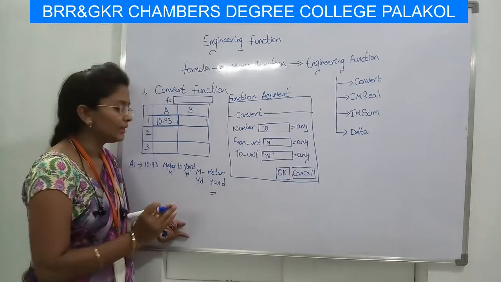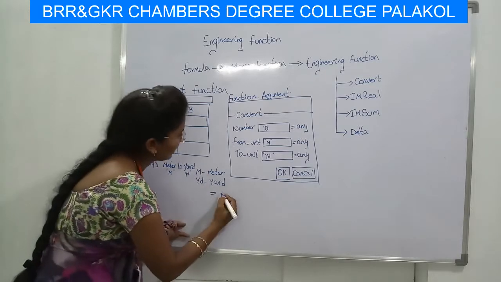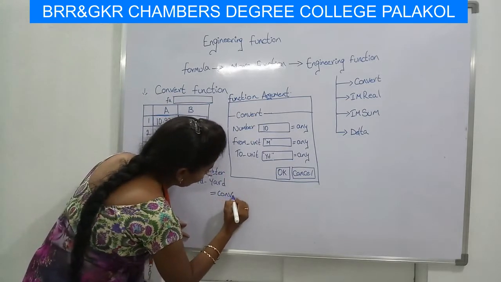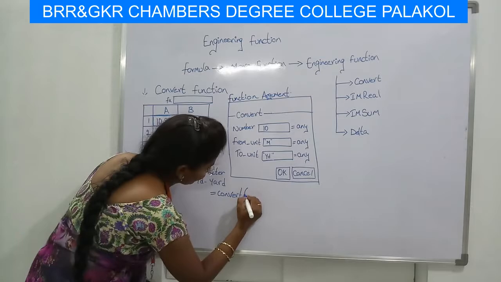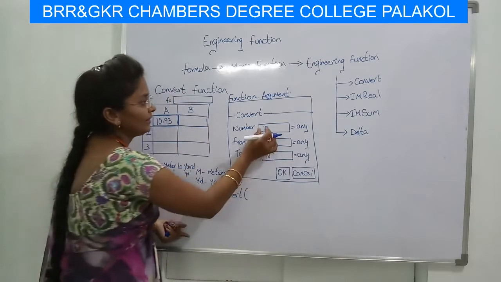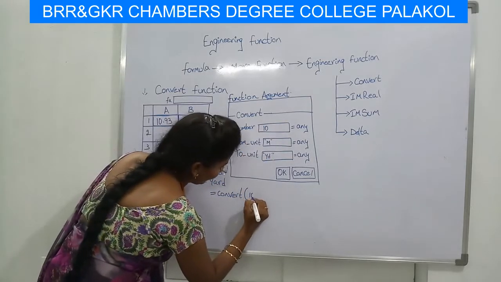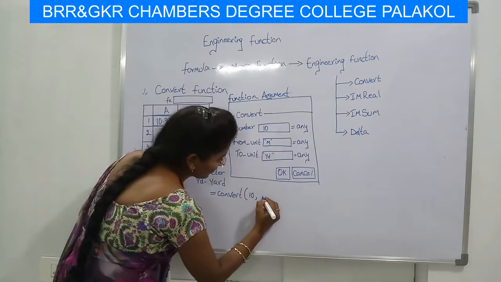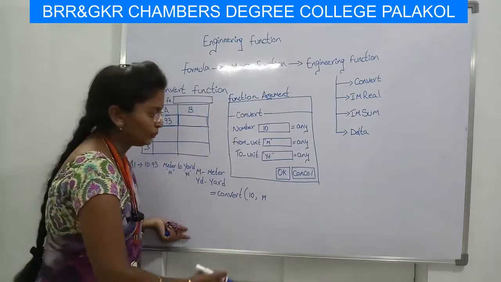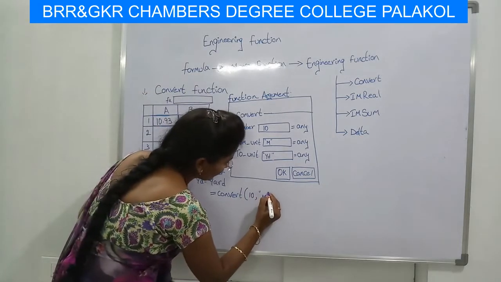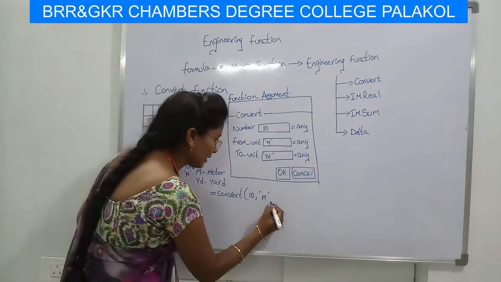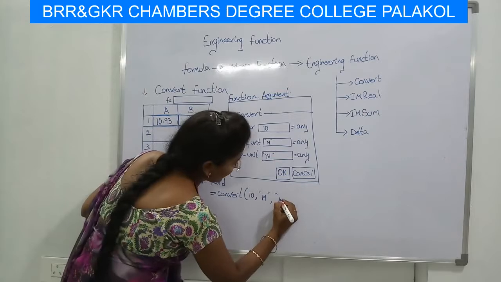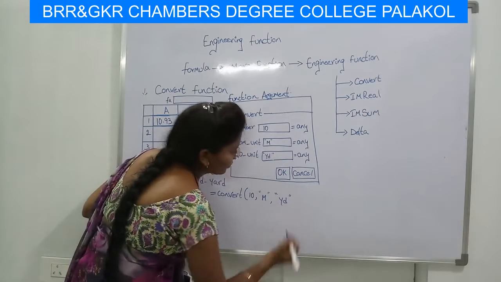After entering the equal symbol, the function is convert. The function name is convert, then open bracket, and the number is 10, comma, from unit is M, which should be in double quotations, and comma, and to unit is yard, the same double quotations, YD.